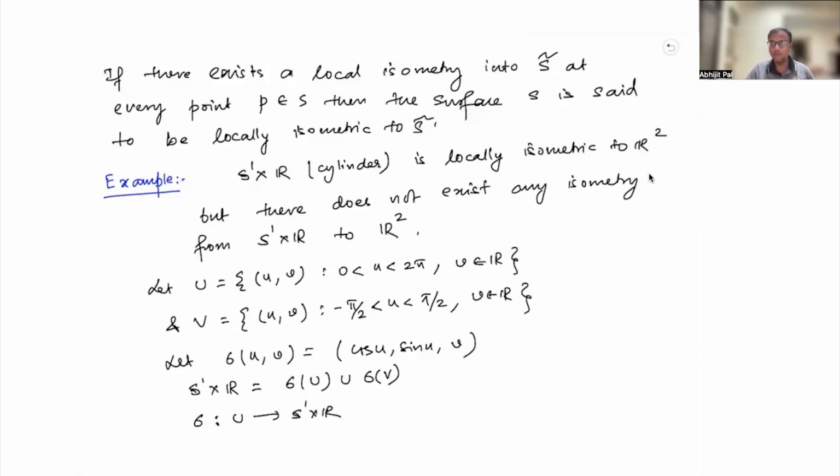Now what will be the differential of this sigma?